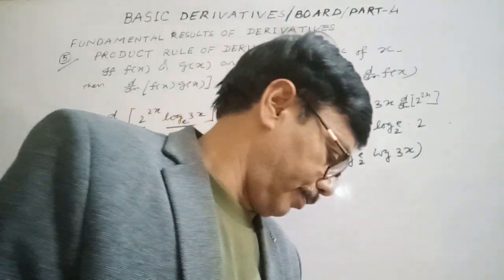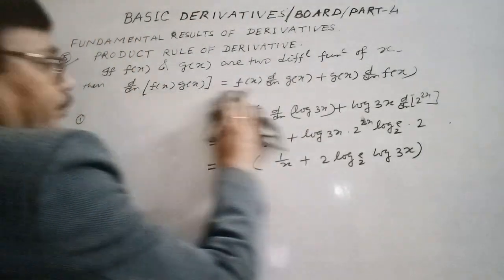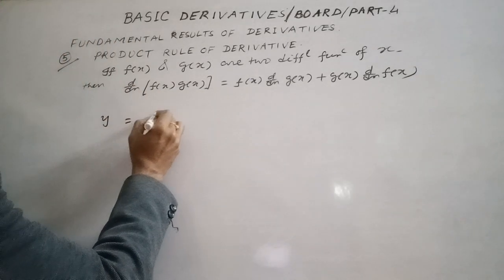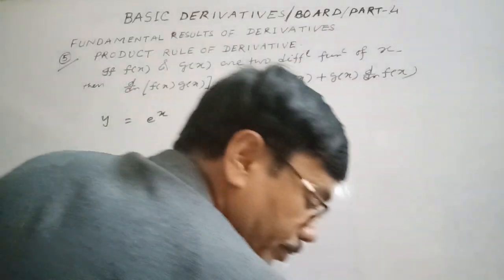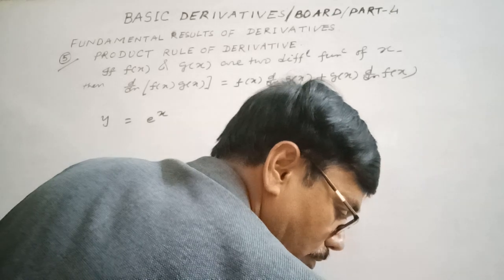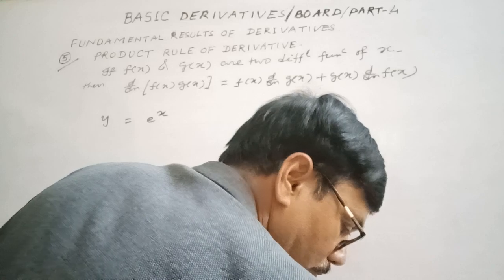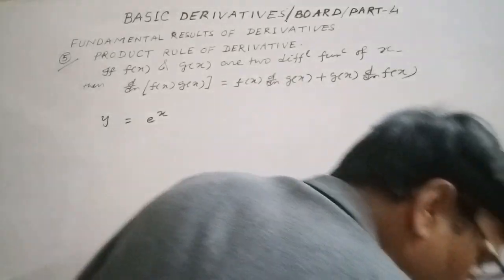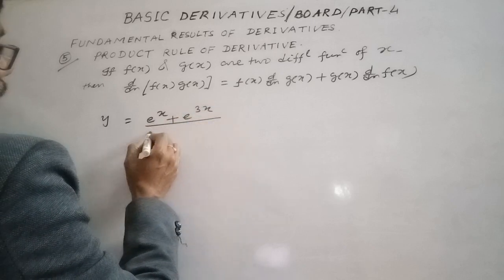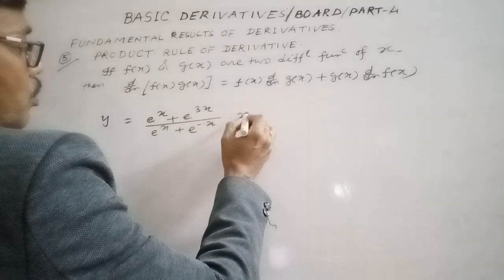Next, y equals to e to the power x plus e to the power 3x by e to the power x plus e to the power minus x into x.